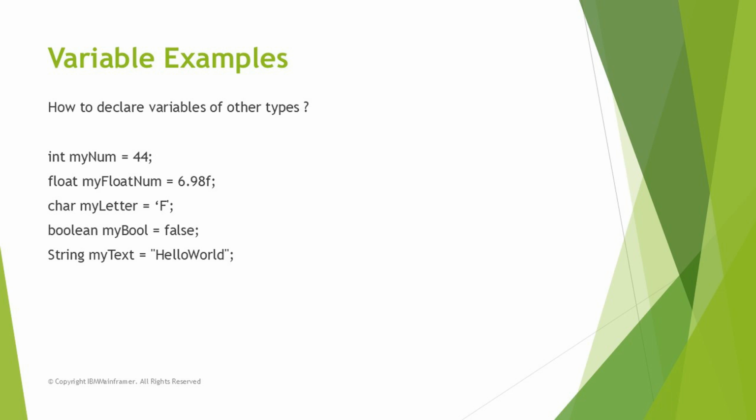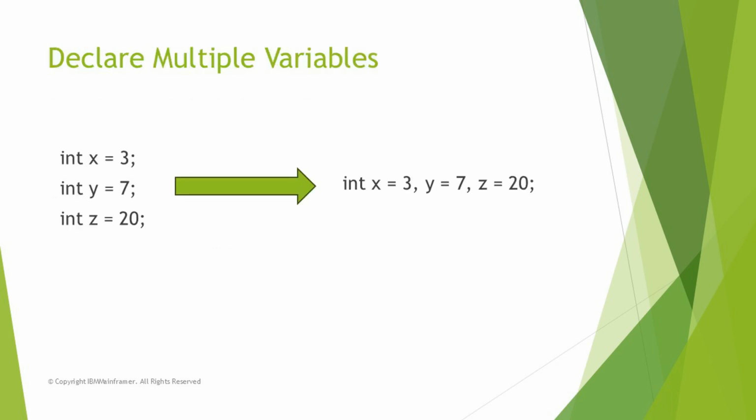So we have seen how to declare a variable for the different variable types. Now let's see another thing related to variables: declaring multiple variables. As I showed you, if you want to declare multiple variables like int x, int y, int z, assigning different values in three lines, instead of doing this in three lines, you can make it a single line, like int x equal to 3.